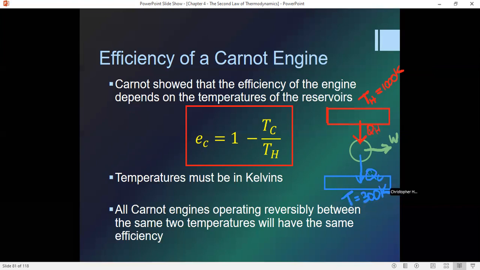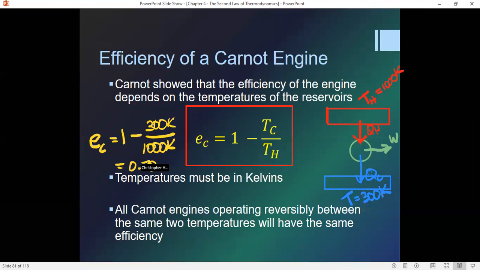The best engine with all reversible cycles, the best that I'm going to do for that particular case, EC is going to be equal to 1 minus 300 degrees Kelvin divided by 1,000 degrees Kelvin, okay? 300 divided by 1,000 is going to be 0.3. 1 minus 0.3 is 0.7.